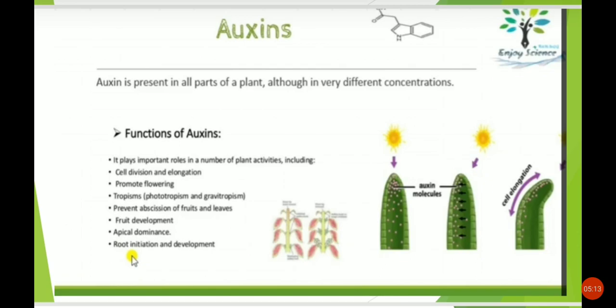Auxins help in cell elongation and cell division, so the stem starts growing towards the sun. That is the reason for tropisms: phototropism and gravitropism happen because of auxins. Let's move forward.